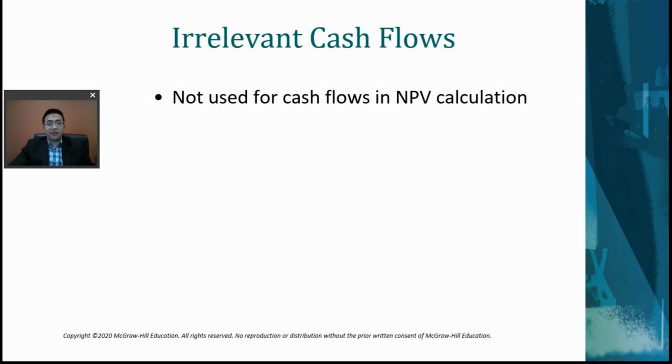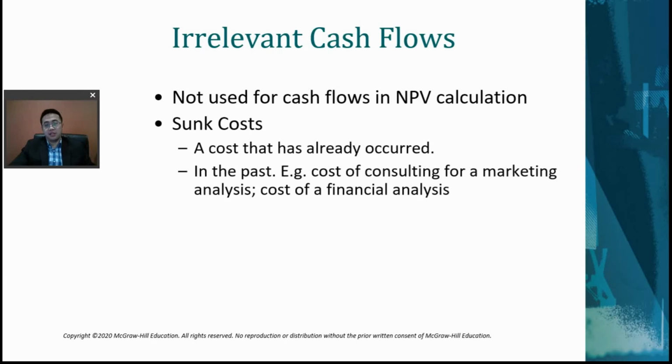The irrelevant cash flows here are mainly sunk cost and financial cost. They are not the cash flows used in the NPV calculation. The sunk cost is the cost that has already happened in the past, the cash flows that occurred in year -1 or year -2. So in your NPV calculation, you do not count that. In your NPV calculation, your cash flows are from today, cash flow 0, and all the way into the future, but not the past.